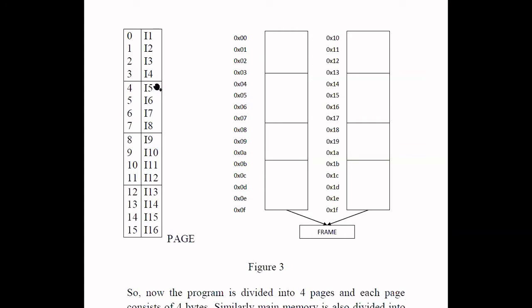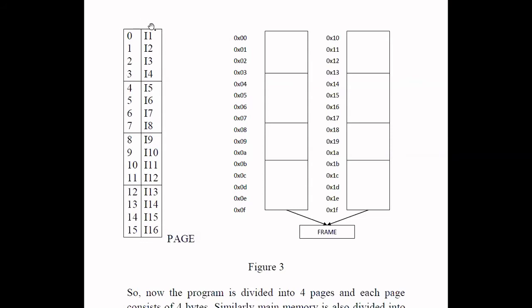With whatever instruction set we have in hand, we divide the instructions into pages based on the physical memory size that is available. For example, here we can assume the physical memory size available is 4 bytes. So we divide the actual program, the set of instructions, into 4 bytes per page.